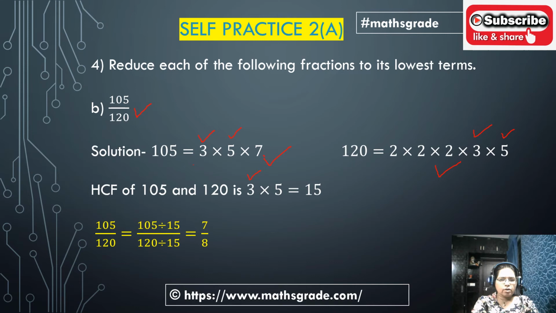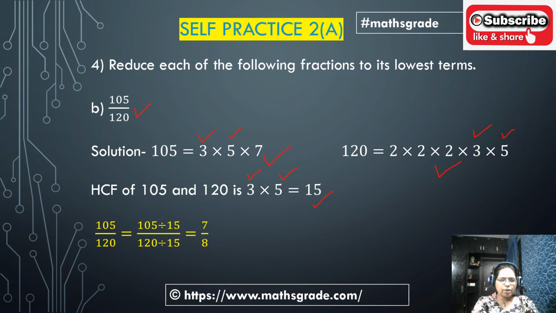So we get the highest common factor of 105 and 120 as 3 multiplied by 5, that is 15. Now we have to divide the numerator and the denominator by the highest common factor.